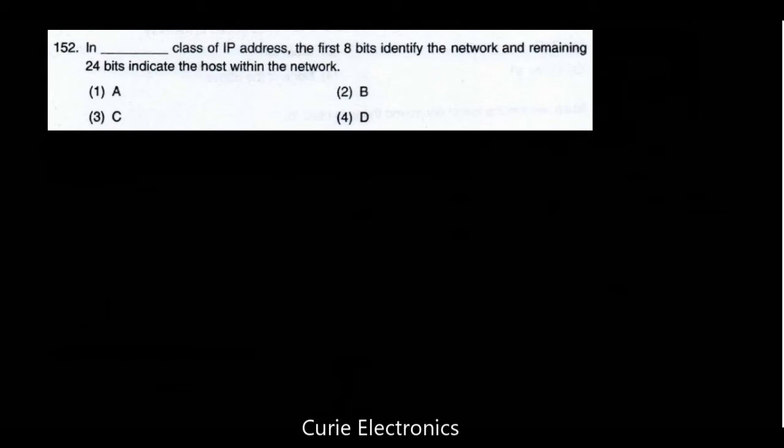Now, as per IP version 4, the IP address is 32 bits long. And this 32 bits we can split it.